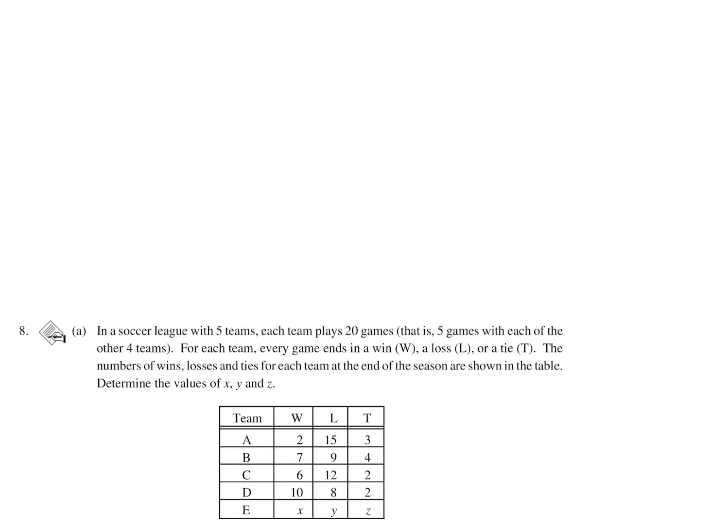So I'm just going to concentrate on Team E, since that is where x and y and z are located. They have the following numbers: x, y, and z for wins, losses, and ties respectively. And they want you to figure out those values. Now look at the table.